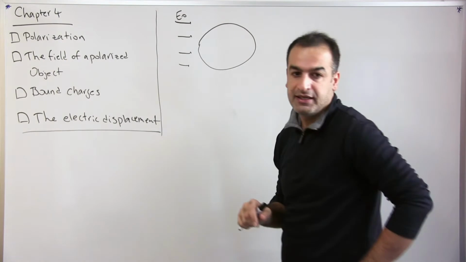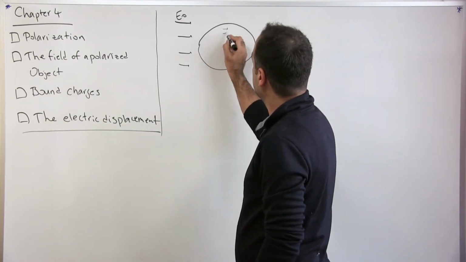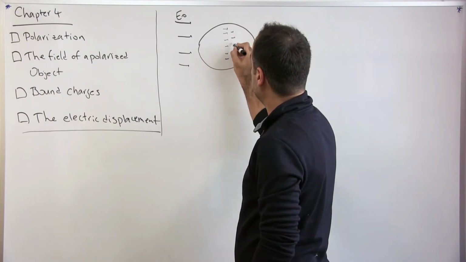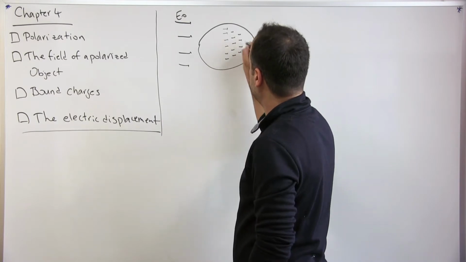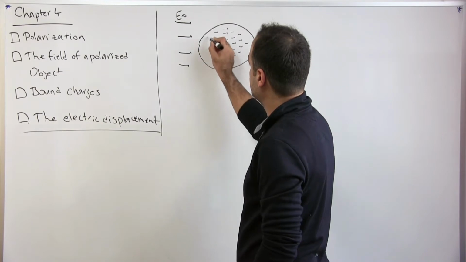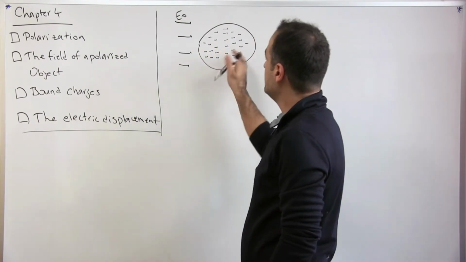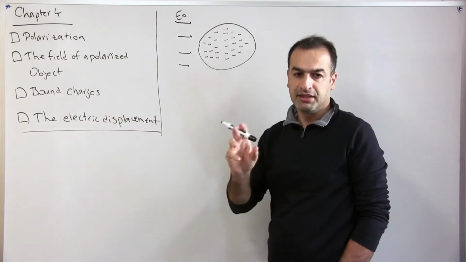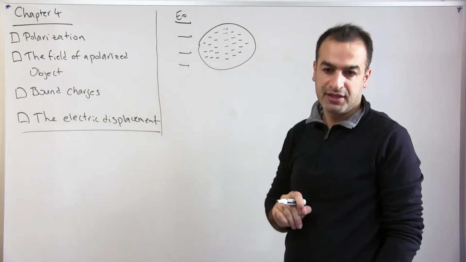What you get is that the molecules or atoms in this material get polarized. From a completely neutral, non-polarized material, suddenly it becomes a polarized material. You can imagine this material is made of millions and millions of small dipoles, so we have a polarization inside the material.